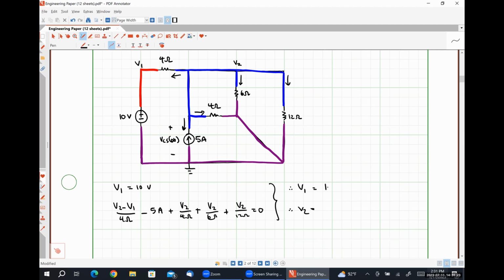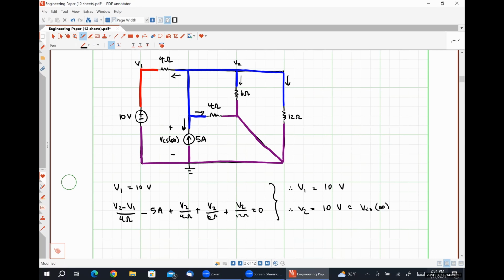I get 10 volts for V1 and 10 volts for V2, where V2 is the same thing as VCS at t equal to infinity. Got the same thing. Okay, great. So I didn't make a mistake this time.